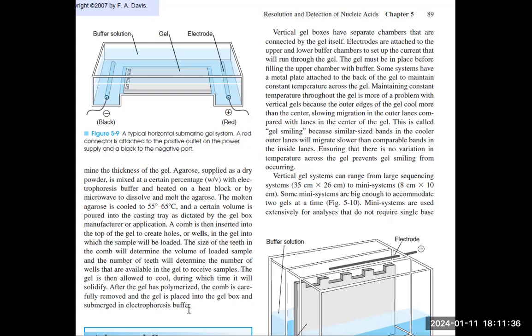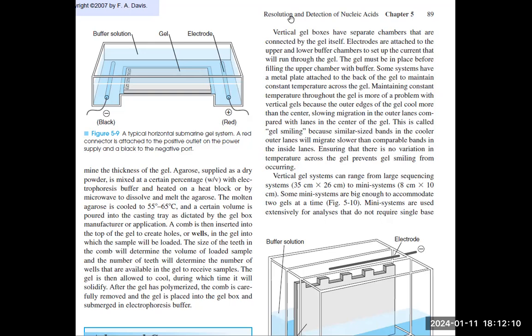And then we need to let it polymerize, but before there's complete polymerization, we need to add the combs to create the wells for our samples. Once there is full polymerization, we remove the comb when it's hard, place the gel inside the gel box, followed by the addition of the buffer. Okay.